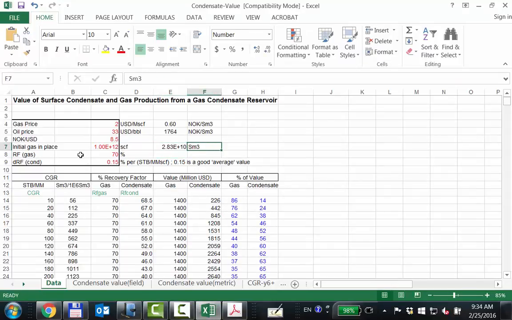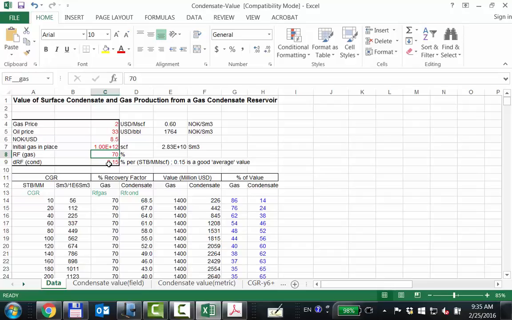okay. So then it gives an expected gas recovery of 70%, which would be a decent gas recovery for gas condensate depleting down. And then it ends up that, for reasons you'll understand by the end of today, hopefully, we don't recover as much condensate as we do gas, okay?